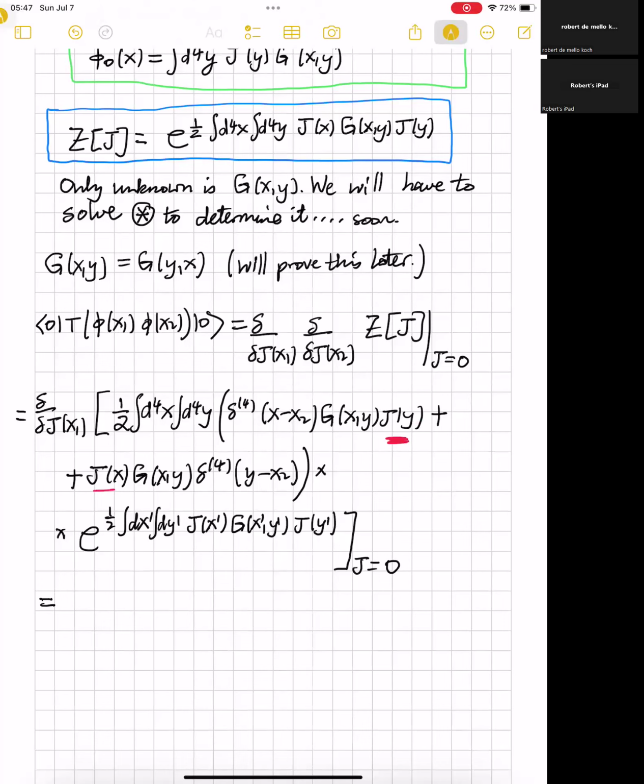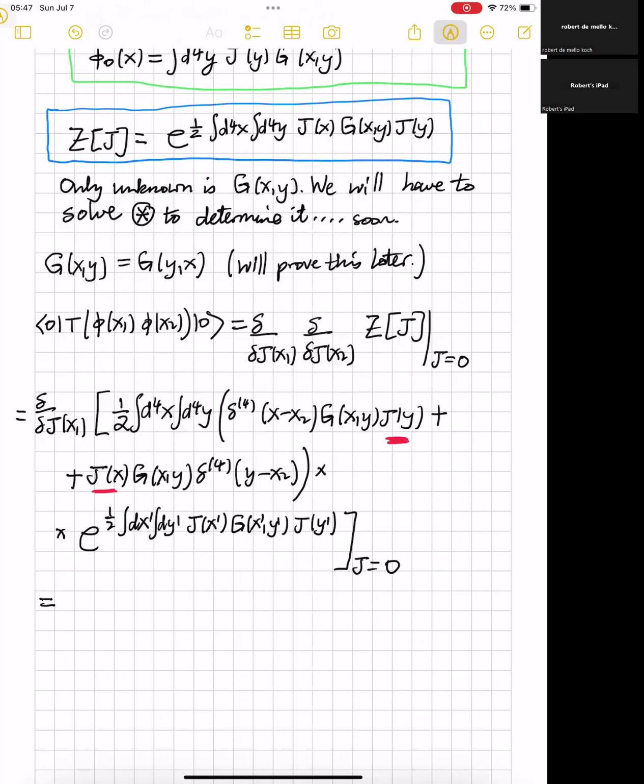And if we act here, the J of x is going to turn into a delta function. So acting with that derivative, we're going to remove the two J's that I've underlined in red, and we'll get something completely independent of J. So when we plug in J equal to 0, we will actually get a non-zero result.